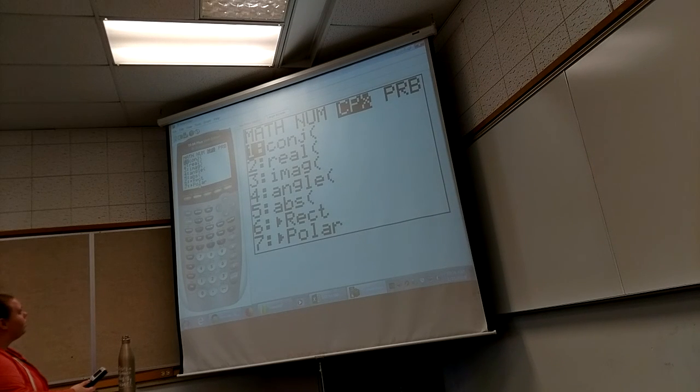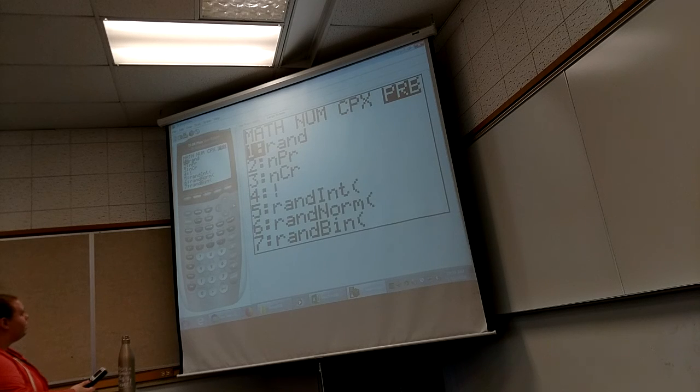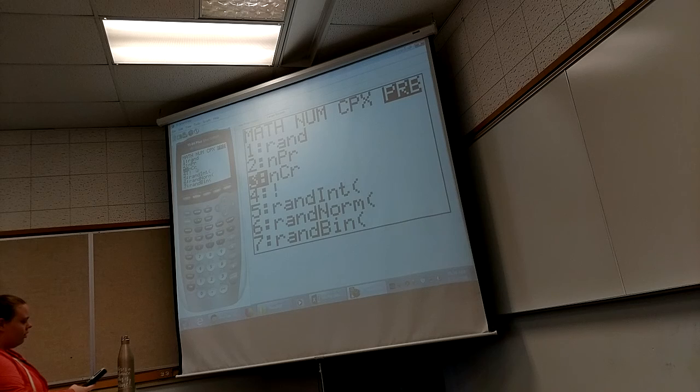Then this is basically all related to complex numbers, that's why it's CPX, complex. And then we got the one we want, the stuff related to probability. So I don't want National Public Radio, I want choose. I want number 3. The calculator uses R.